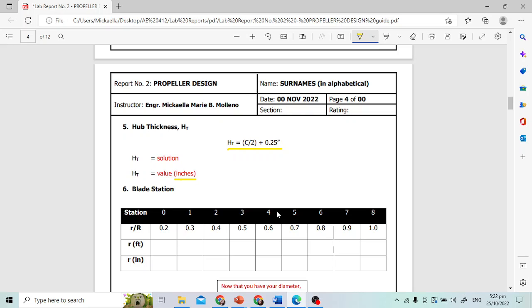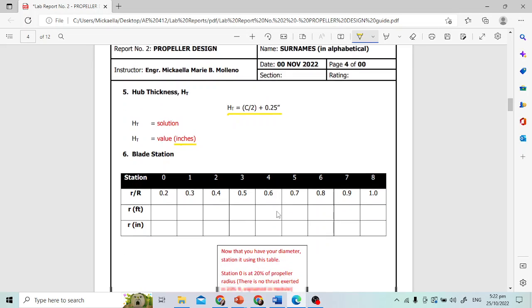Inches. So just kindly be careful kasi may mga parts tayo na like for part 5, ang kailangan natin is in inches. But there are certain parts as we go on to the activity na kailangan natin ay feet. So just kindly be careful sa inyong units.